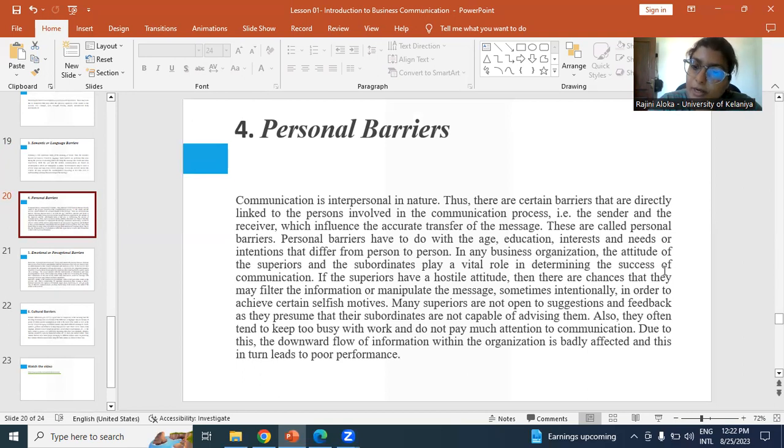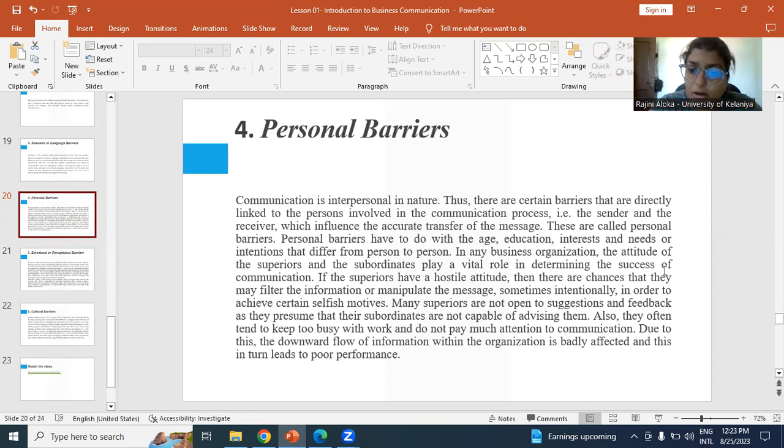In any business organization, the attitude of the superiors and the subordinates plays a vital role in determining the success of the communication. If the superiors have a hostile attitude, then there are chances that they may filter the information or manipulate the message, sometimes intentionally in order to achieve certain selfish motives.